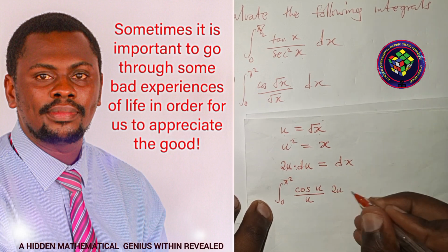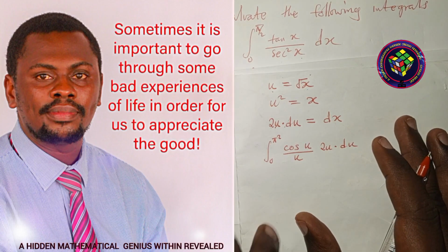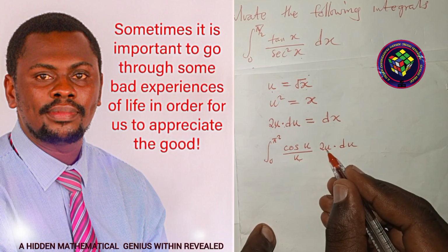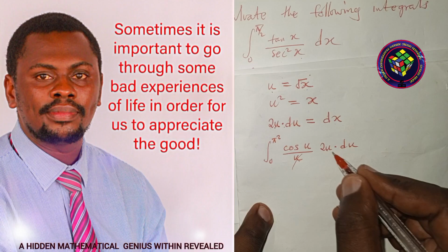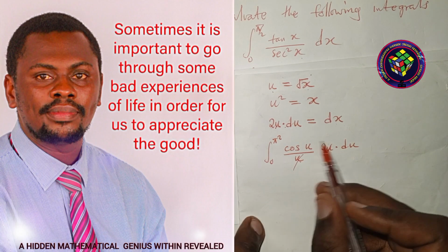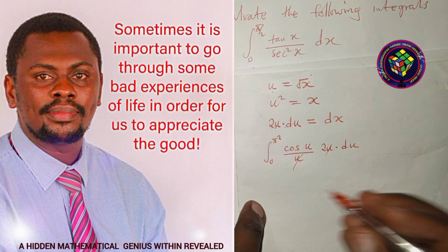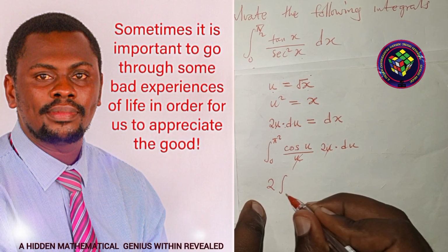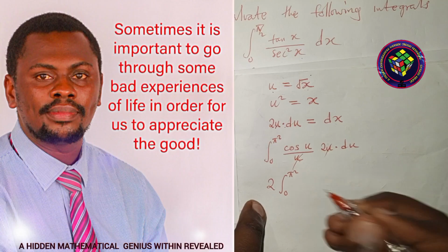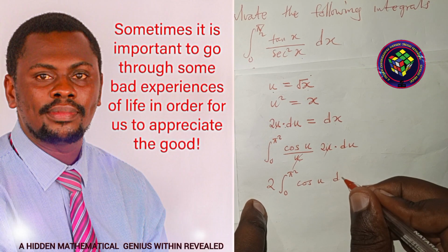So we have 2u du. Then u and u cancel out. We have 2, which is a constant, so we bring it outside the integral. So we have 2 times the integral from 0 to pi squared of cos u du.